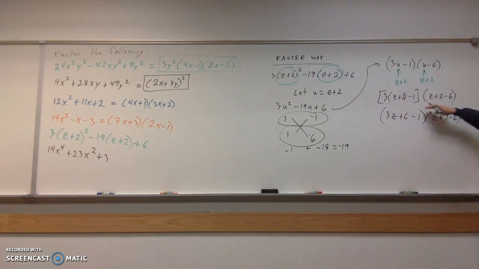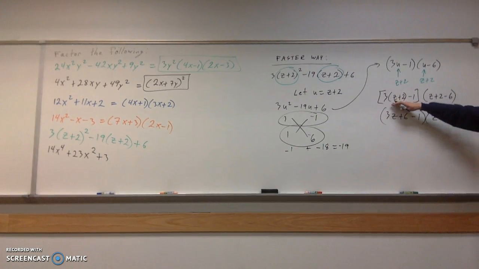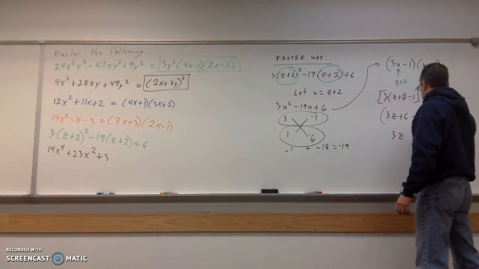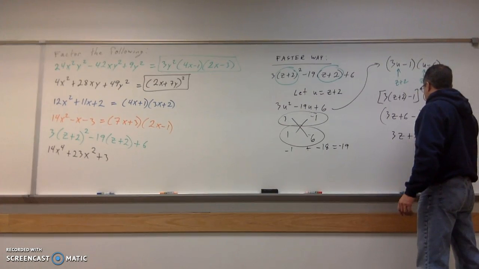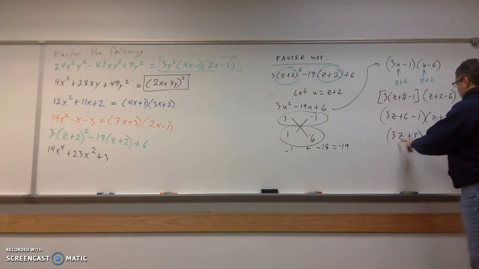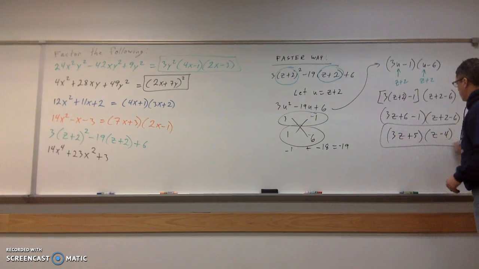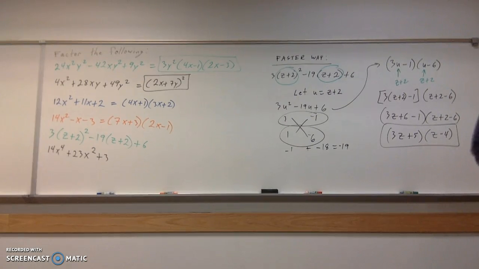So all I did on this step here was I just distributed my 3 through. Now I'll combine my terms. So 6 minus 1 is 5. This factor will then be 3z plus 5. This factor will be z minus 4. That one's done. So in my opinion, it's a little faster factoring this way than the other way that we just did.